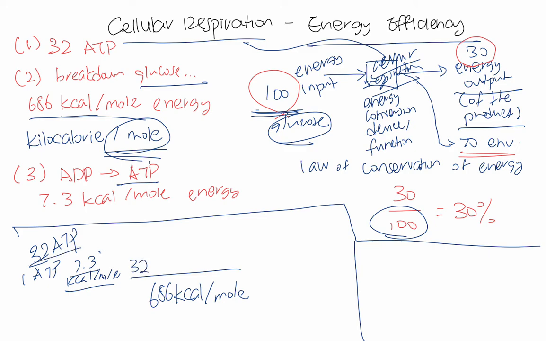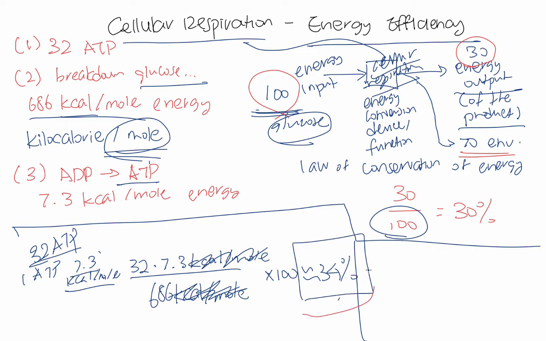So 32 times 7.3 kilocalorie per mole. Now, this is a ratio, so these units cancel out, and we would also have to times 100 to make it a percentage, and you get around 34%.